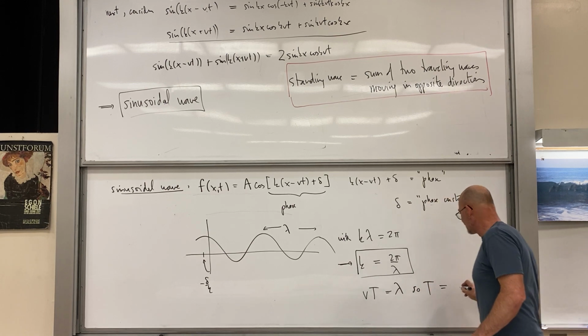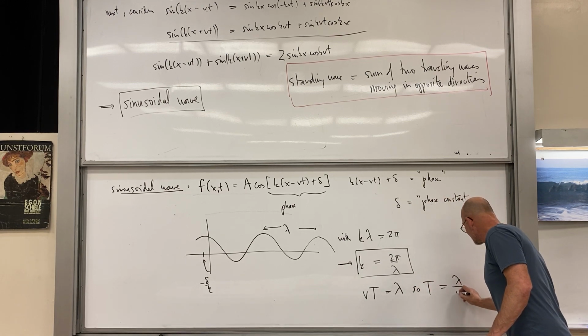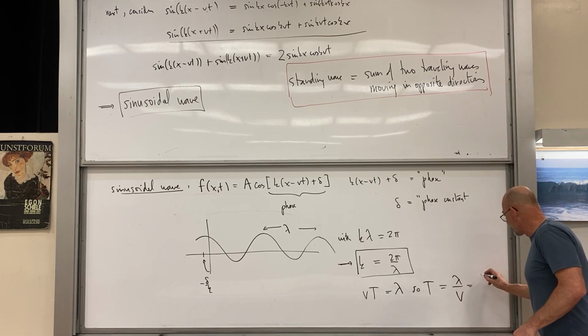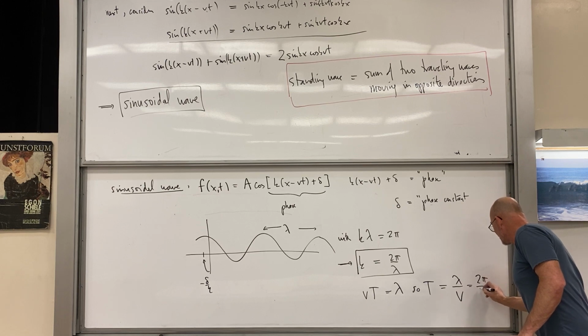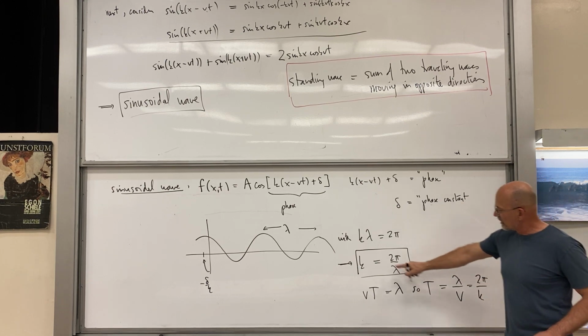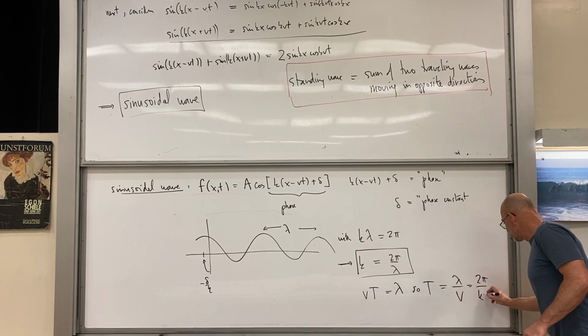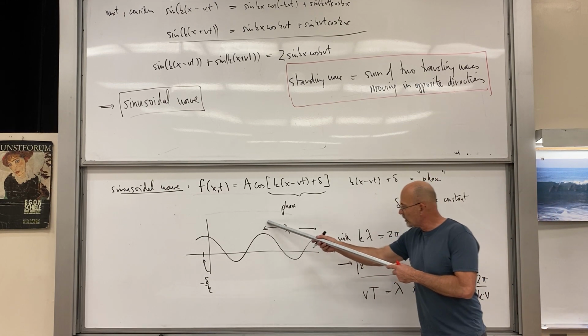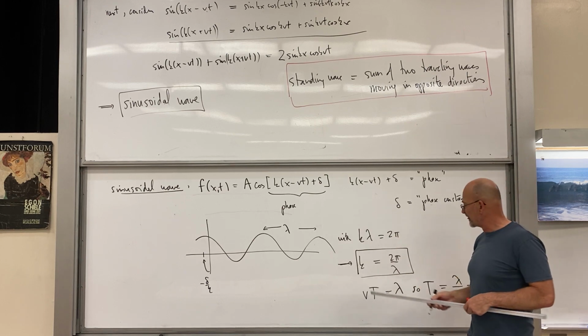So T is equal to lambda divided by v. And now the lambda is 2 pi over k. From here, just cross multiplying times v. So there's the time required to propagate over a distance lambda.